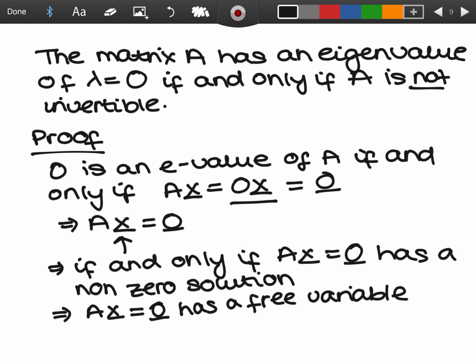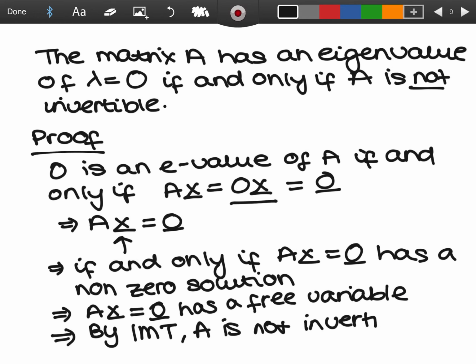Well, if you actually go back to our invertible matrix theorem, if there is a free variable for that system, and if we can find a non-trivial solution, we know that A is not invertible. So that means, by the invertible matrix theorem, A is not invertible.